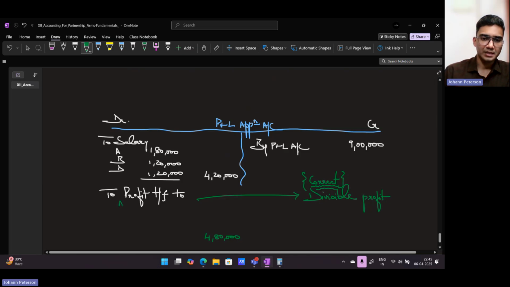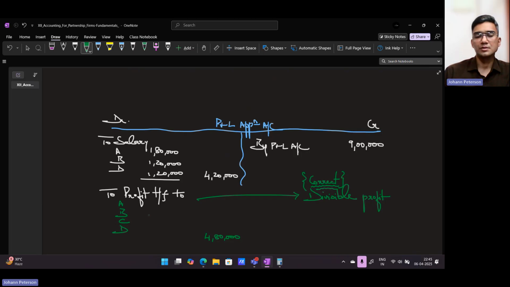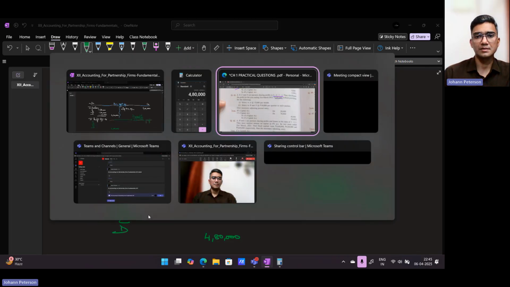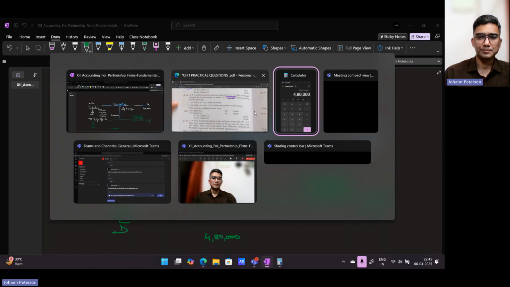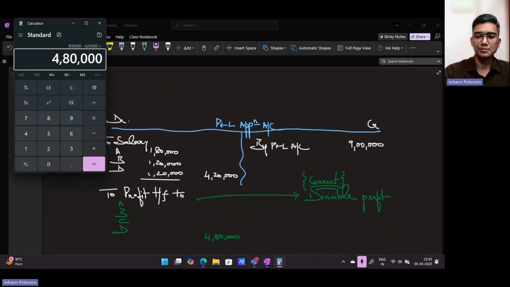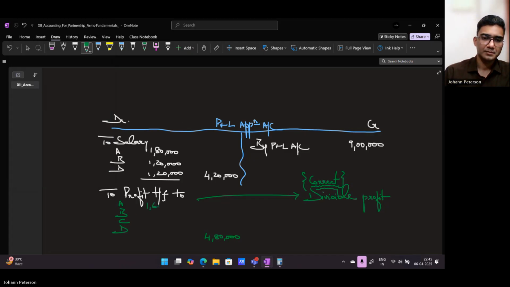And I'm going to divide this between A, B, C, and D. What is the ratio that I'm going to divide it in? Is the same as it is given to me, 2 to 2 to 1 to 1. So for A, it is going to be 4,80,000 into 2 divided by 6, which is 1,60,000. Again 1,60,000. 2 is to 2 is to 1 is to 1.